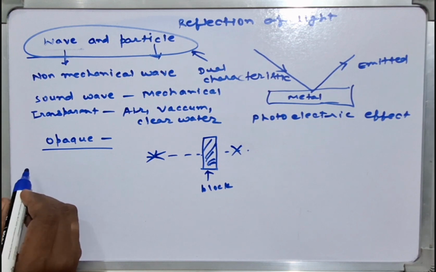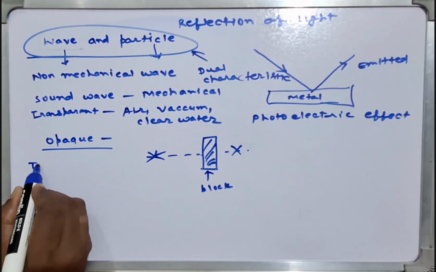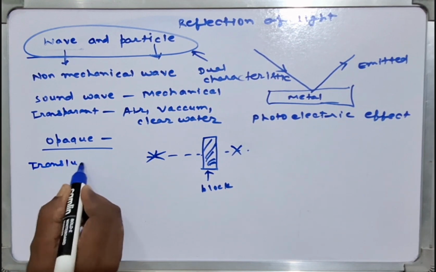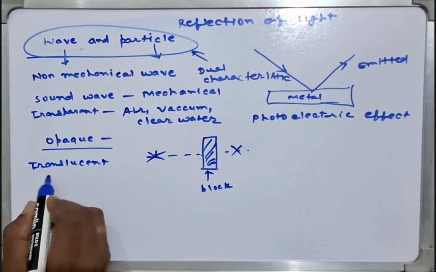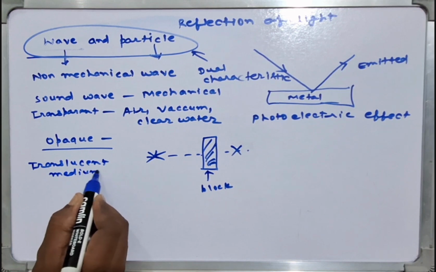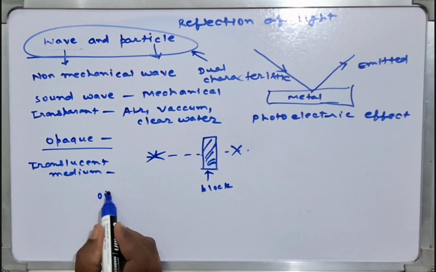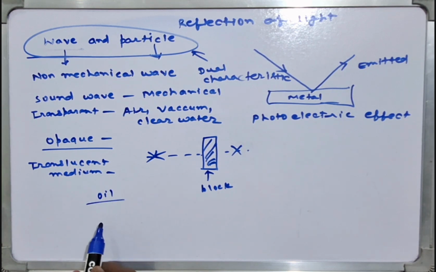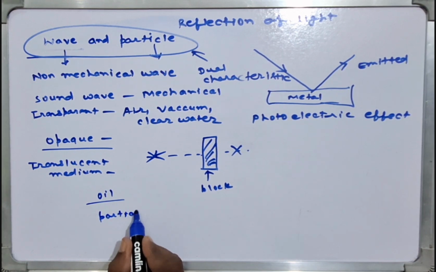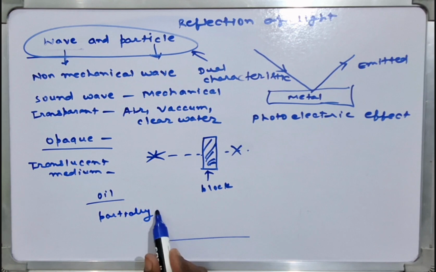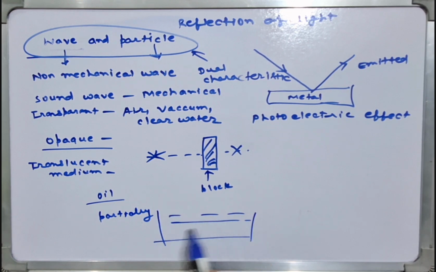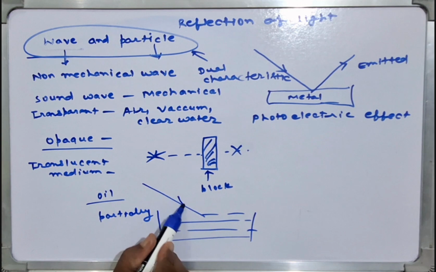The other medium is known as translucent medium, in which light can partially travel. So what is that medium? Suppose this one is a jar, and light is striking here.